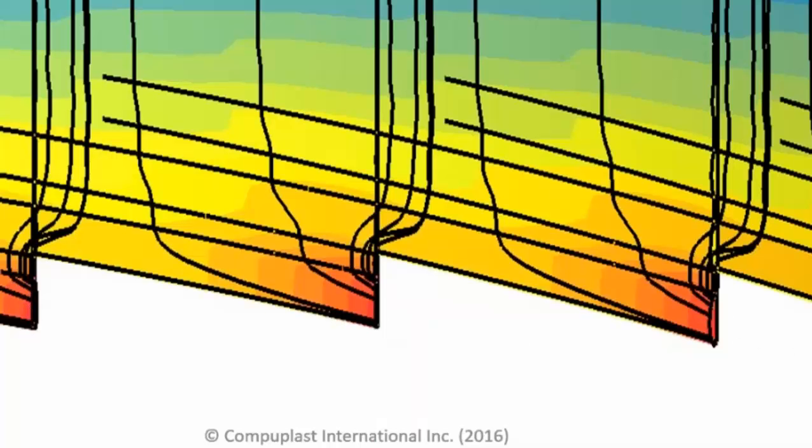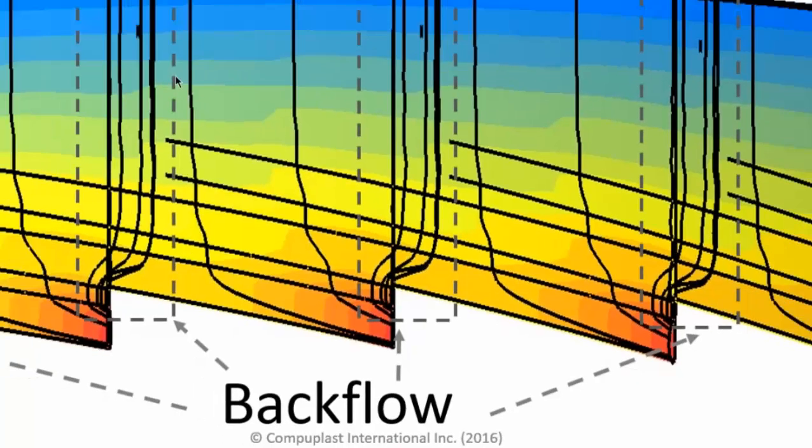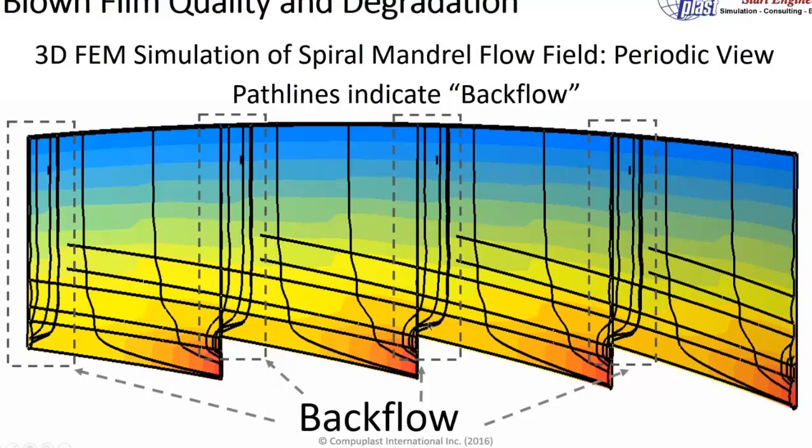So I've placed a few path lines near the wall at the start of the spiral, and we can see that some of the path lines are going up and back into the channel from the previous section. So some path lines go forward, but then some path lines actually go back to the previous section.